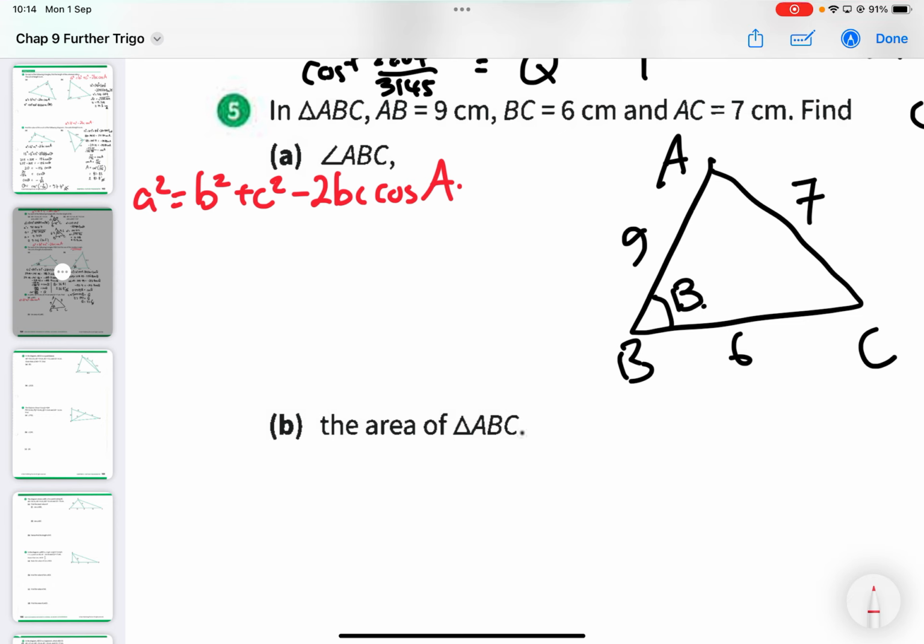I label already. So when I compare to my formula, this B is where I want to find. Using the formula, when I want to find angle, this one is A. So I will put it in the bracket. This is A, and my 7 must be my small a.